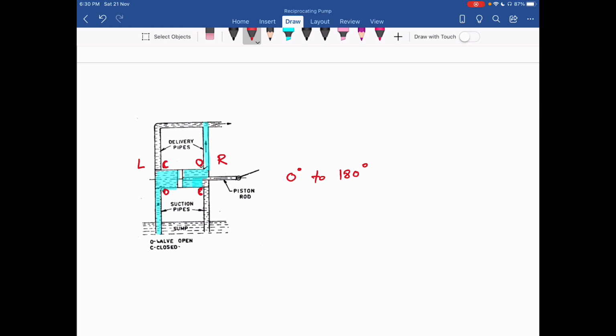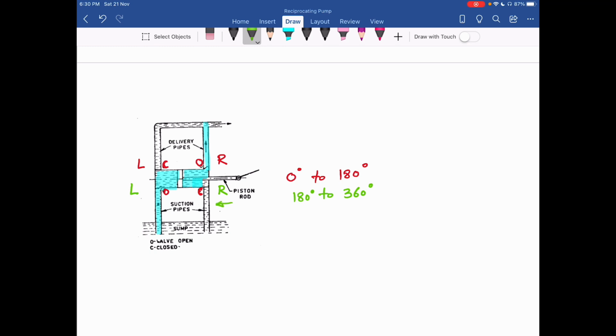Now in the next stroke, when my crank rotates from 180 degree to 360 degrees, at that time, my piston moves from right to left.